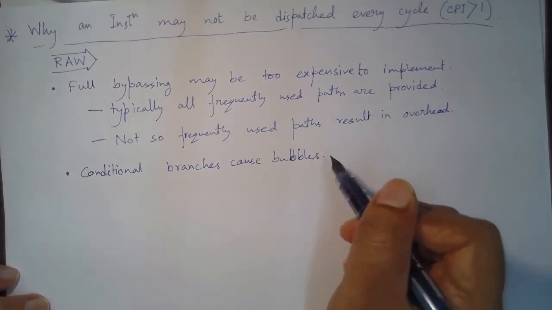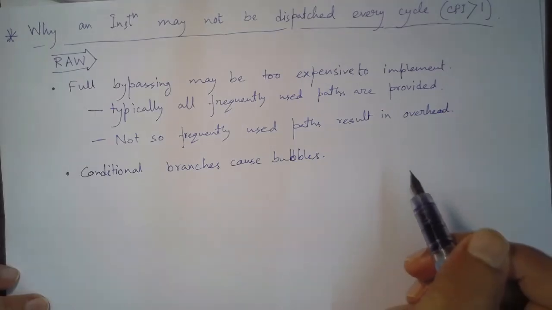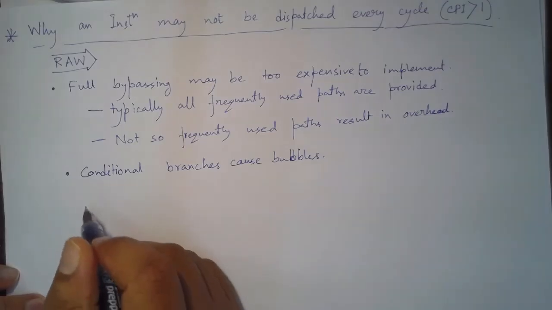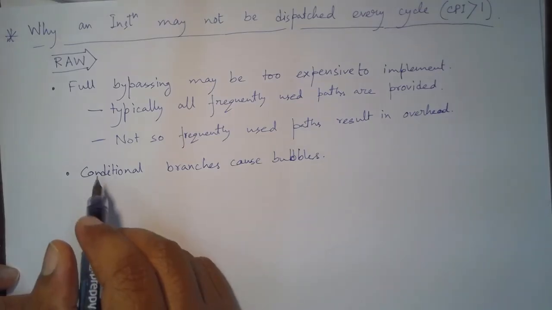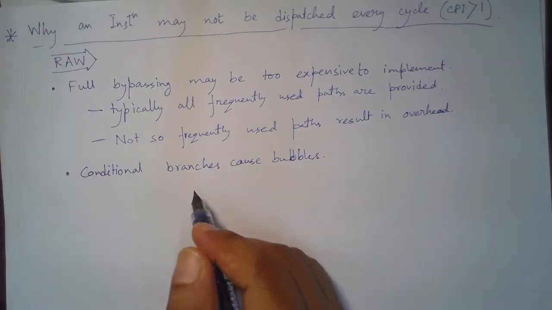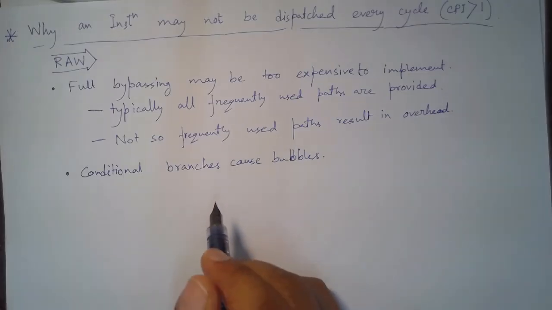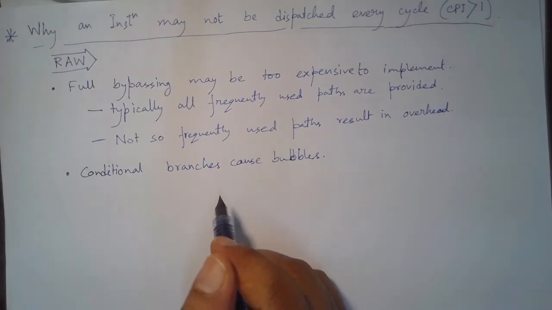For branches which can be predicted easily, or for reducing the control hazard, you can use delay slots, and these delay slots can reduce your branch penalty, but finding useful instructions is also very difficult, and if you do not find useful instructions, the compiler will be replacing them with no-ops, and that in fact does not help your performance.